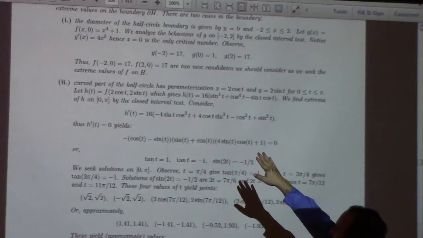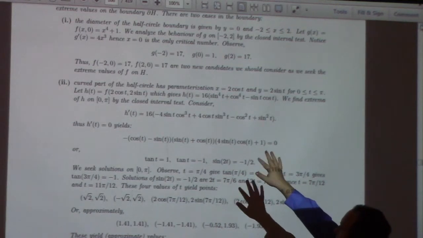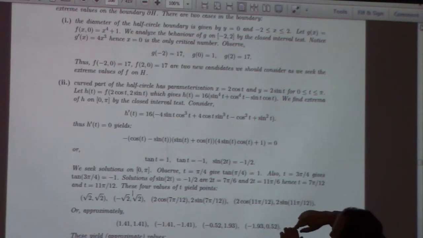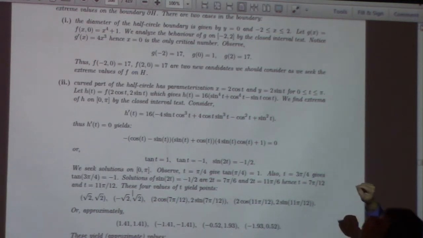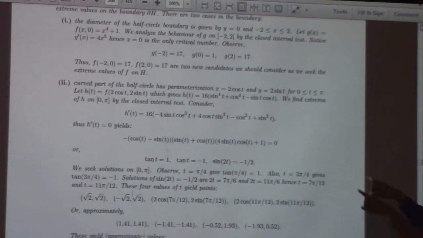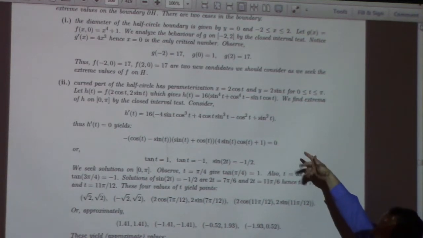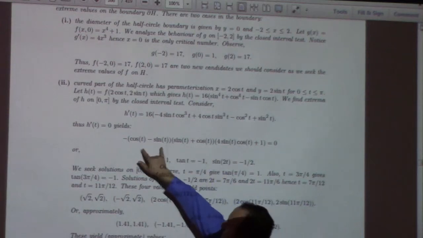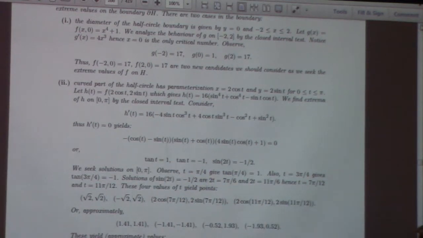And you can easily see that 17 is the maximum value on the edges, at endpoints of the diameter, and then g of 0 is 1, which is the minimum on the diameter. And then I parameterize the half circle and work through algebra, which is very similar to what we just did, right? Look familiar? Yeah.